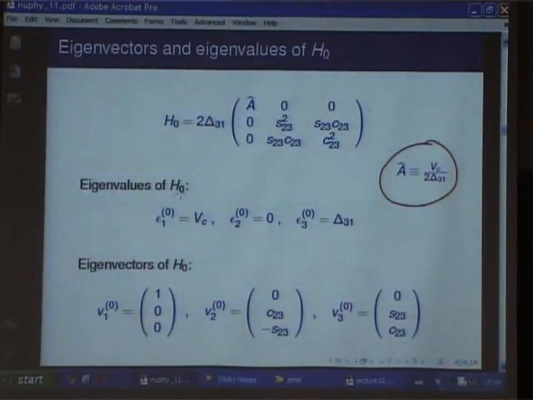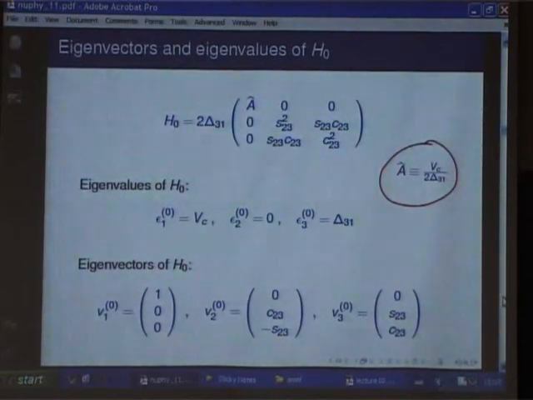Its eigenvalues that we saw were VC, 0 and delta 31. I have written epsilon 1 corresponding to v1, epsilon 2 corresponding to v2, and epsilon 3 corresponding to v3. So we should first start with this: the zeroth order things.